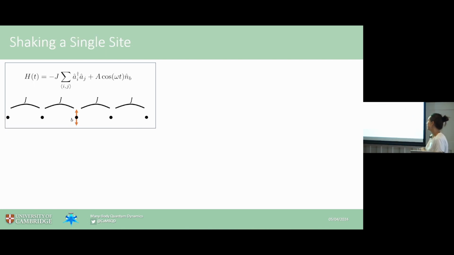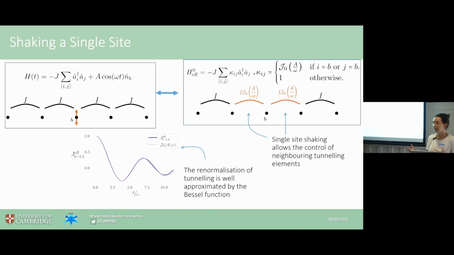Just to put this into context, say we have quite a simple system, a one-dimensional lattice, and we drive only a single site labeled B with amplitude A and some frequency omega. Because there's only non-zero relative modulation between the sites neighboring B, we would expect under this renormalized effective Hamiltonian to only engineer a renormalized tunneling in these neighboring elements, renormalized with the Bessel function relative to the size of the amplitude and the frequency.